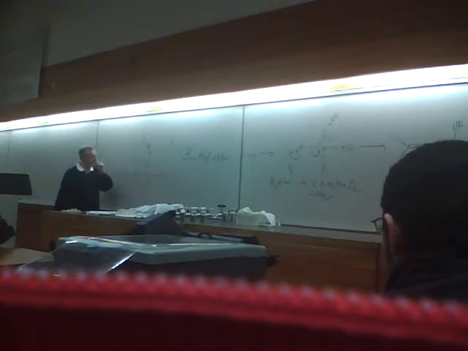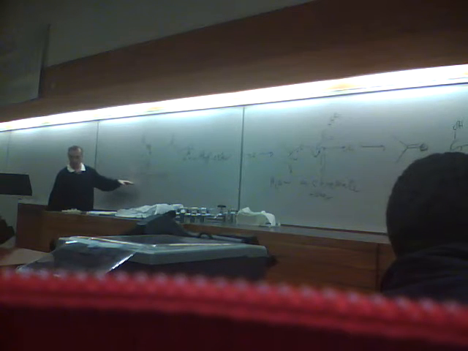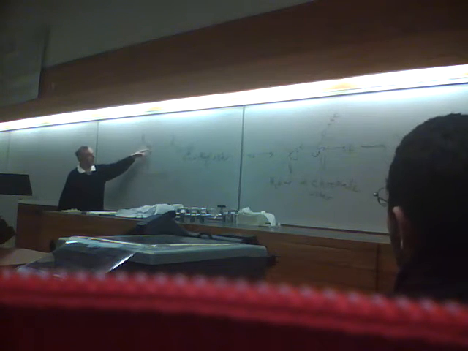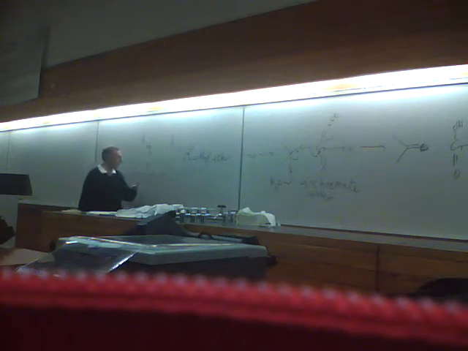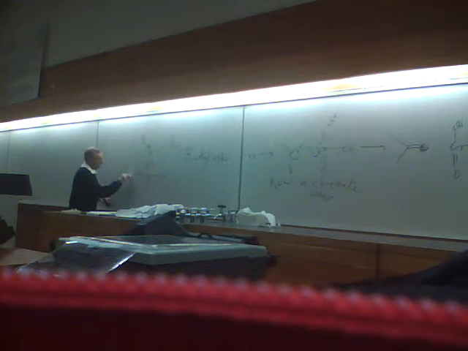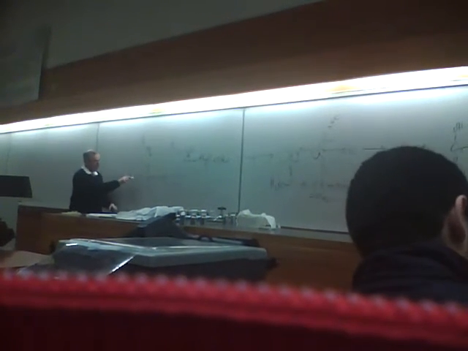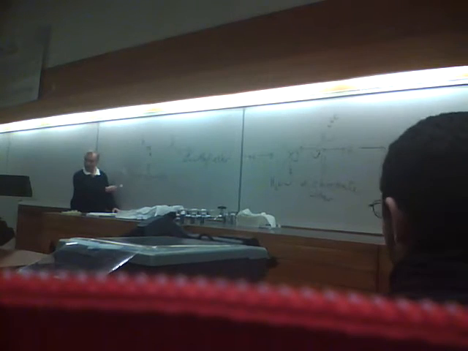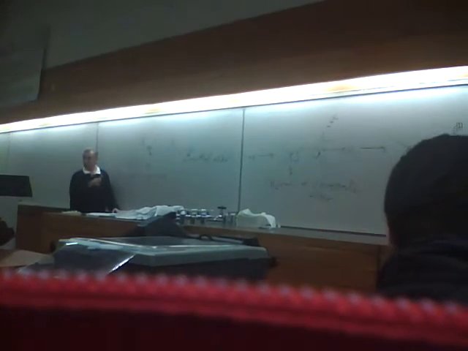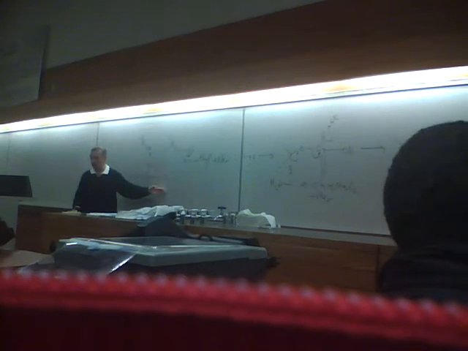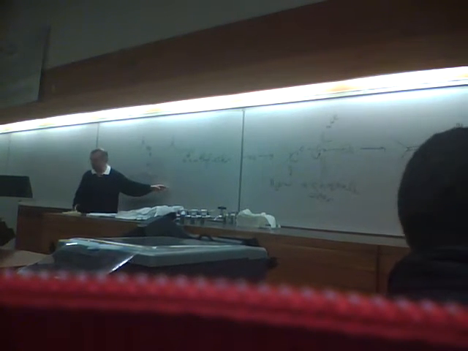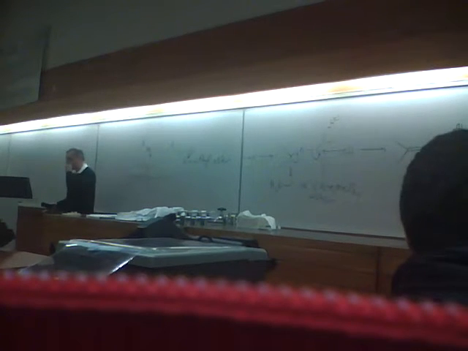If I want to make an ester of this, I replace the H by a carbon. Of course, I still have another OH that's similarly acidic, and so I could actually make a double ester. But the mechanism doesn't go through the double ester, it goes through the monoester.